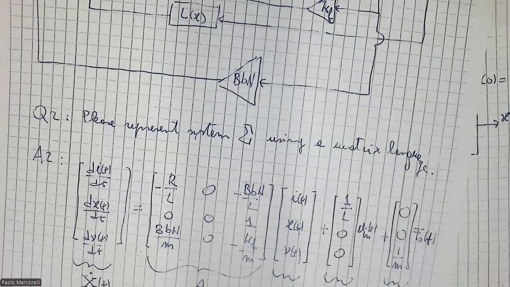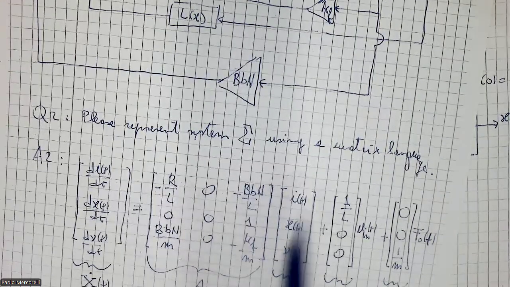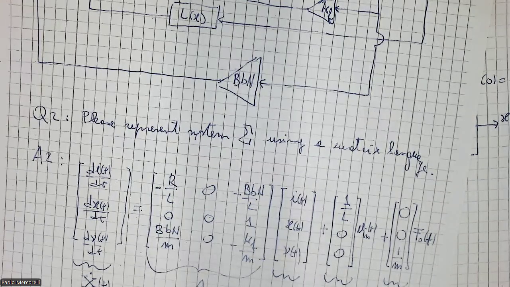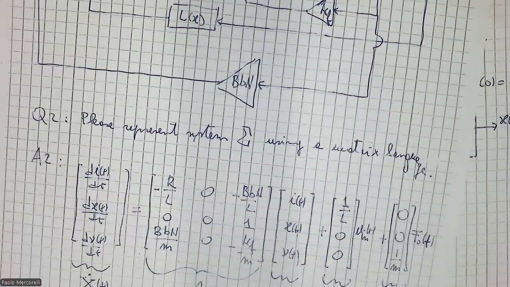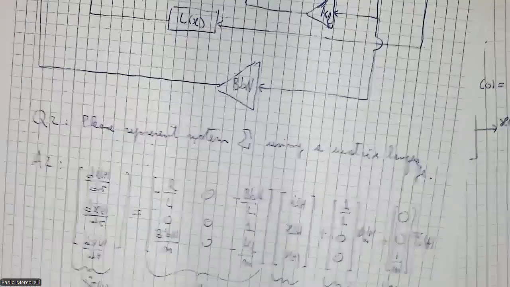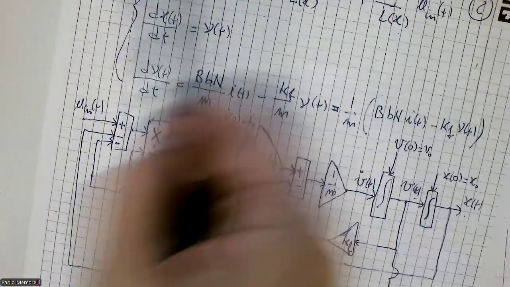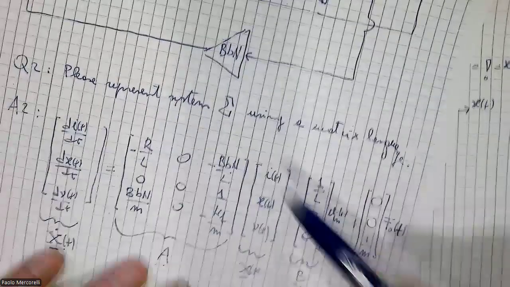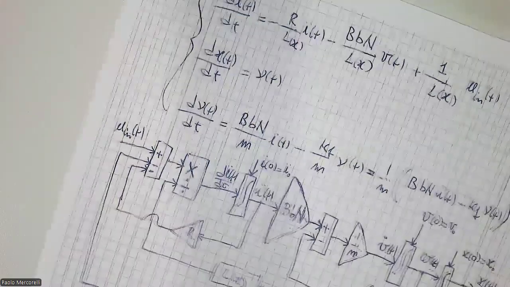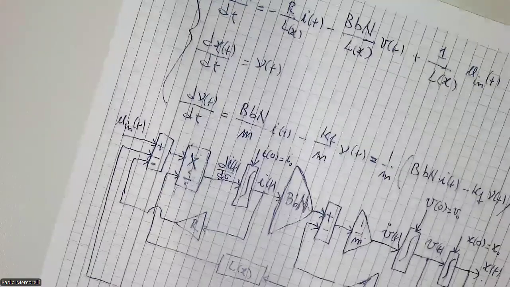Why is this matrix so complex? It's not complex, because if you remember in math, row multiply column, row multiply column, row multiply column, through this rule, you can build or rebuild or justify this expression here. I mean, these two languages, this matrix language and this one, must reflect the same system.